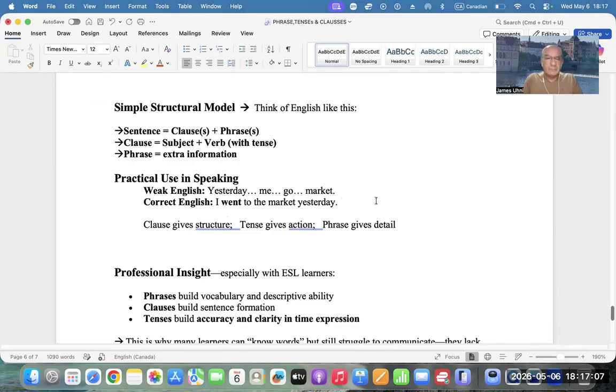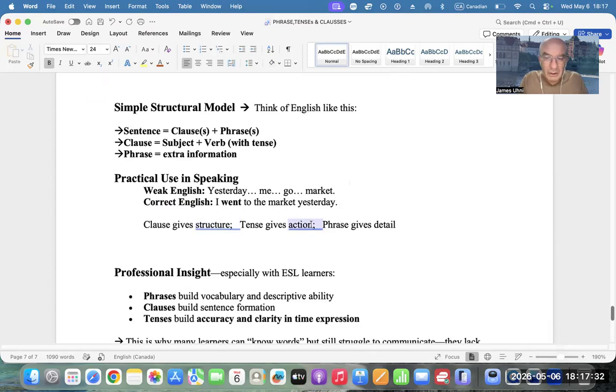Teacher, go to toilet. No, say it properly. No, teacher, no, I must toilet, go toilet. I understand you, but I want you to speak English using English words only. So clause gives structure, then gives action in time.